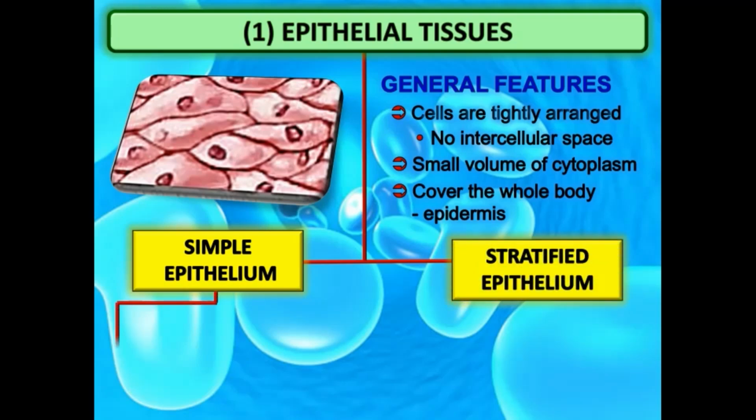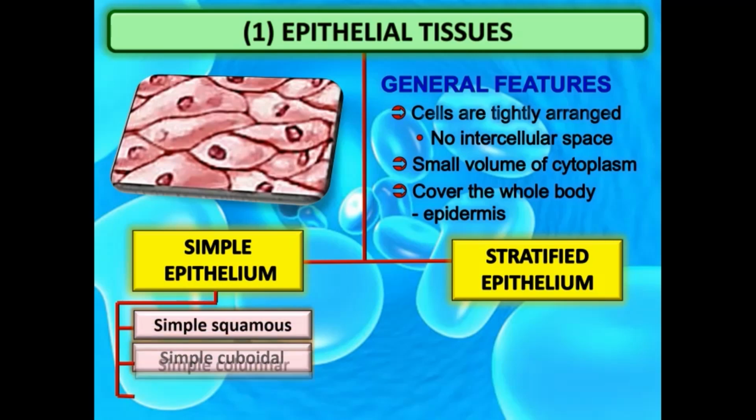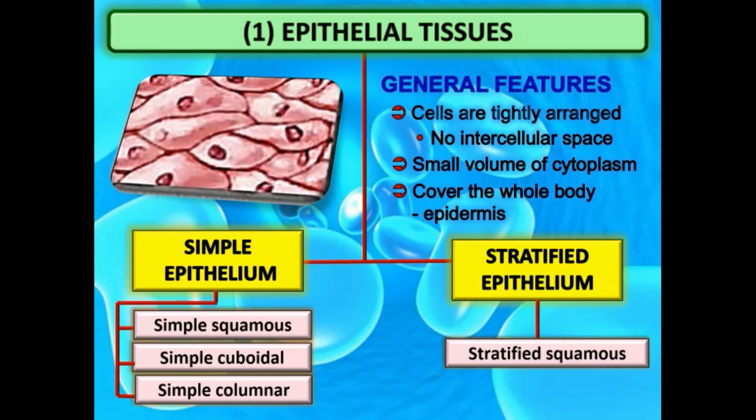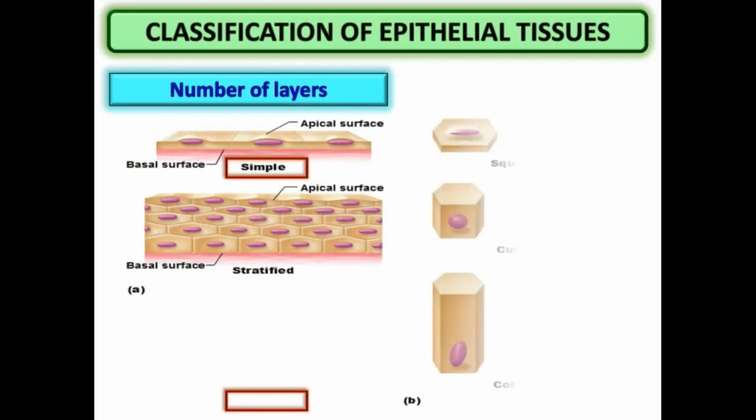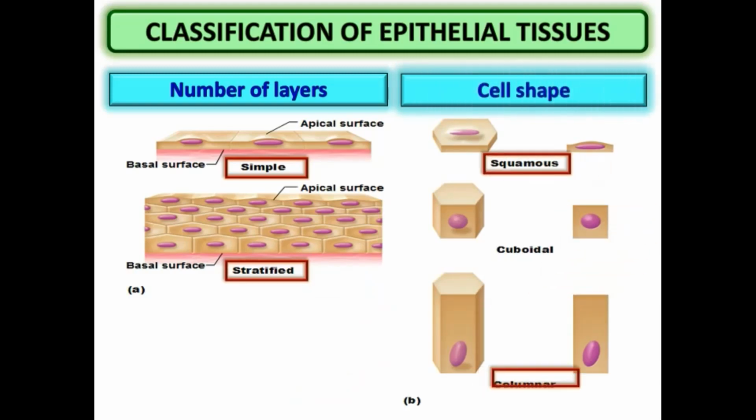There are 3 types of simple epithelium and only 1 type of stratified epithelium. Number of layers: simple, stratified, cell-shaped, squamous, cuboidal, and columnar.